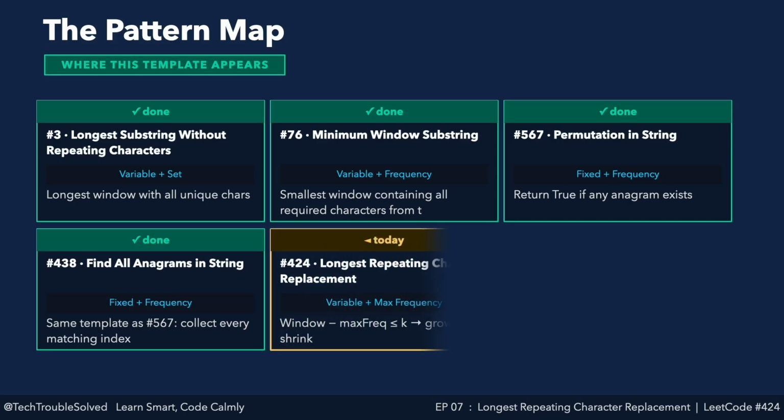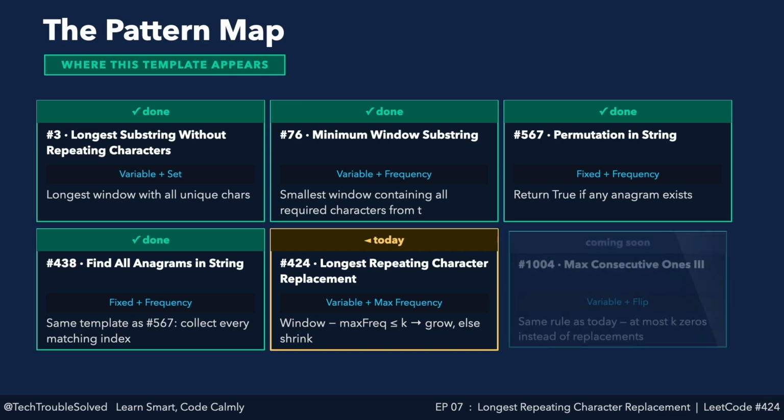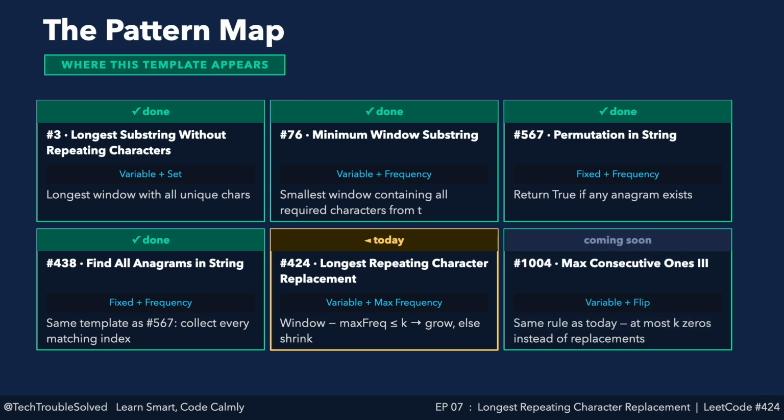And today, variable window, validity check is window minus max frequency less than or equal to K. 1004 next. Same variable window, but the validity check becomes at most K zeros in the window instead of K replacements. The structure is identical. Same family, different validity check each time.